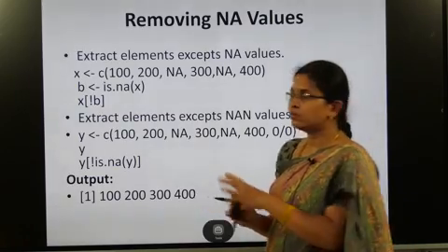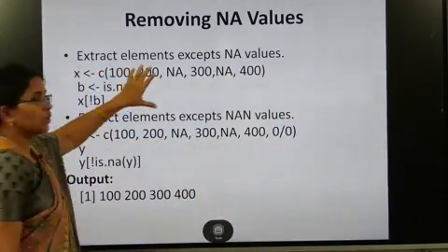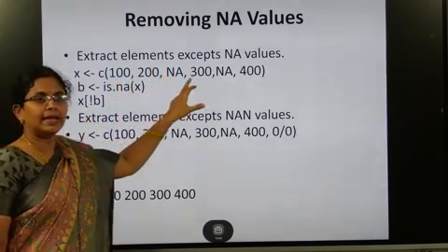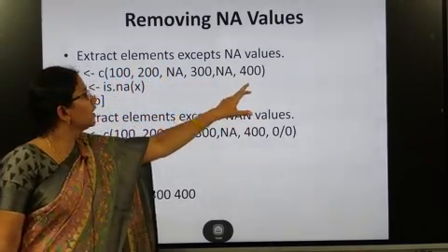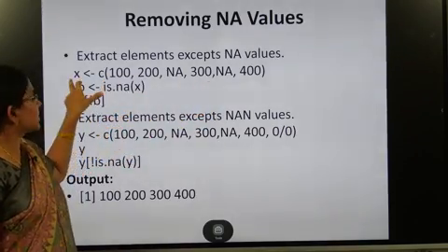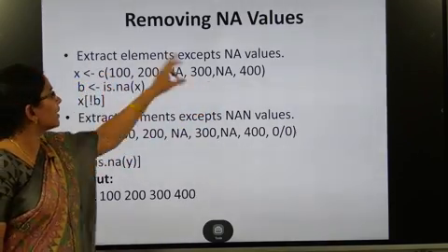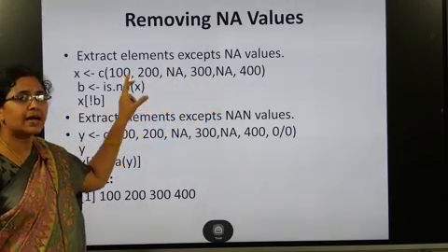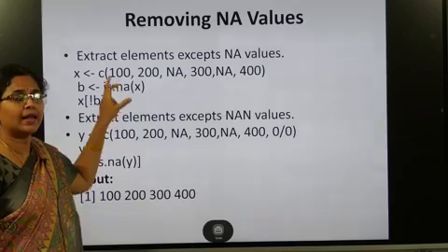So look at this carefully. Here I had assigned 100, 200, NA, 300, 400 values to the x variable. In this vector I want to remove the NA values. So what is the syntax that I am using for removing the NA values here?